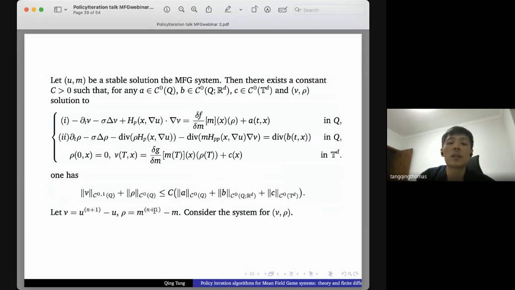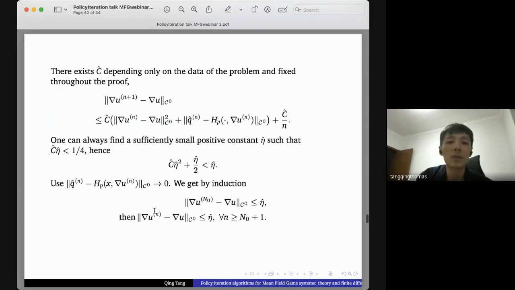An important thing here: if the solution is not unique, it's obviously not possible to prove global convergence. So I'm showing local convergence. If I'm starting near a stable solution, then I will converge there if I use either SPI1 or SPI2. Here, the proof would be for SPI2. For SPI1, it will be completely similar, so I won't talk about it.